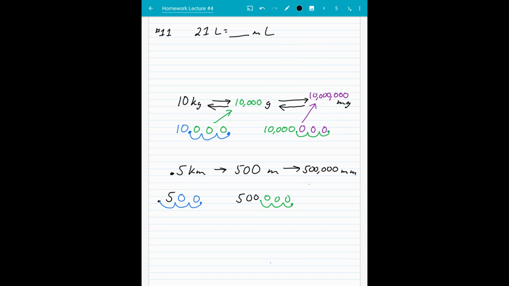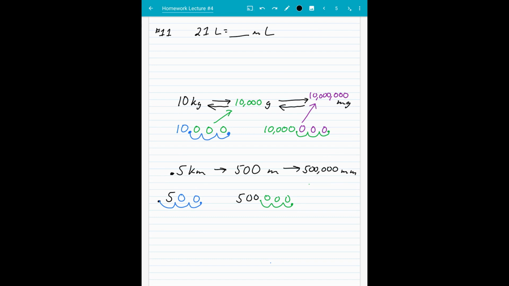And millimeters are the tiny little tick marks, right? There's 500,000 of those little marks on the ruler in half of a kilometer. So that makes sense. In half of a kilometer, that's a decent walk. There's 500,000 of those tiny little dashes in it. And that makes sense. So always make sense of the way you're moving the decimal. Larger units going to smaller units should appear to be bigger numbers.